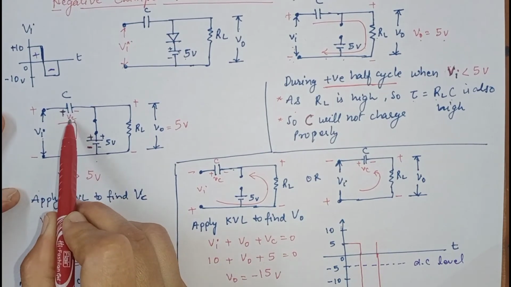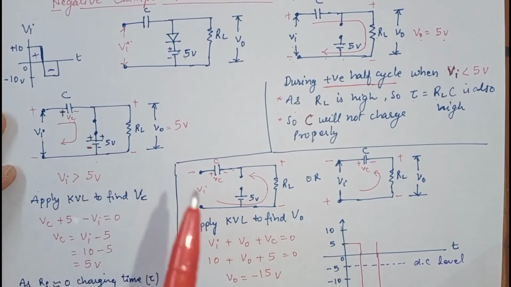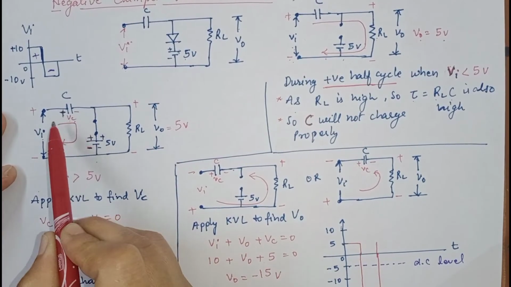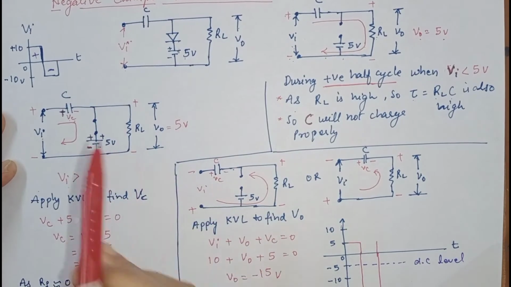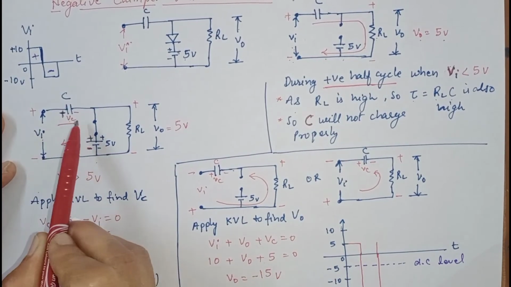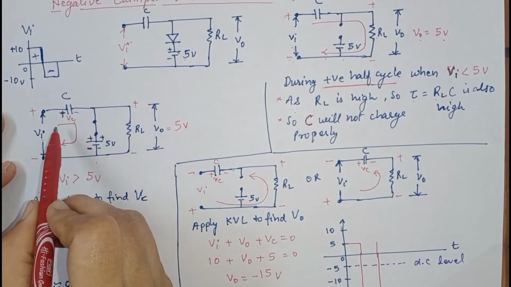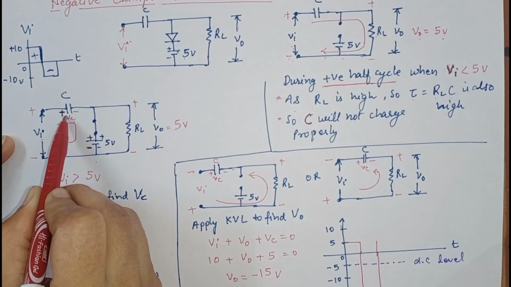Now we will find the voltage across this capacitor. When we apply KVL, we will take the signs when the current is entering the component. So VC positive because it is entering here.